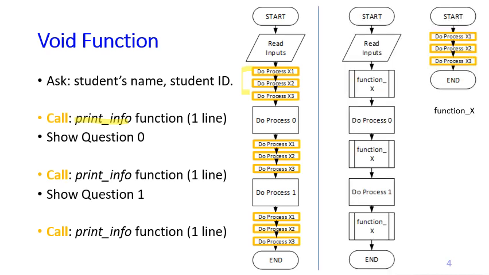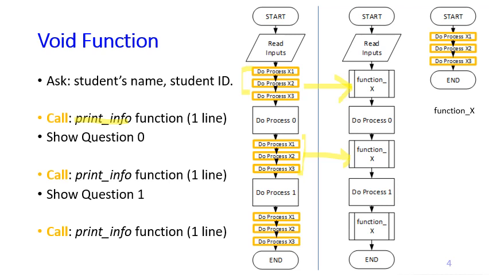So this becomes our new flowchart, and you can see that these 3 lines in the original flowchart are now represented in just one line. We just need to call function X here, and in this case it is the print info function.